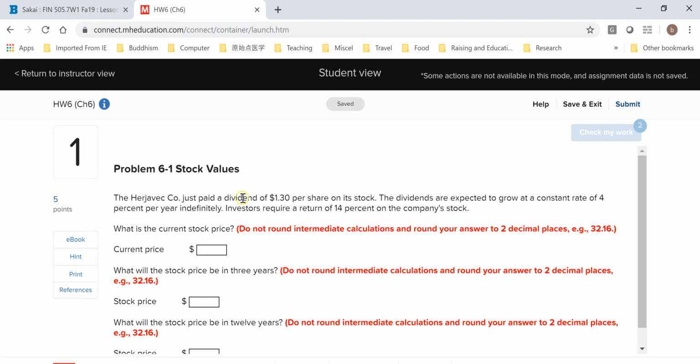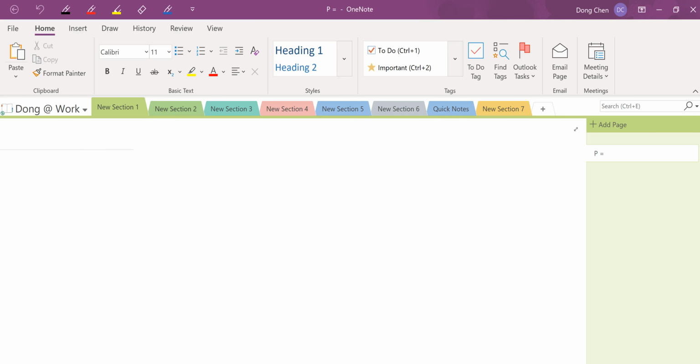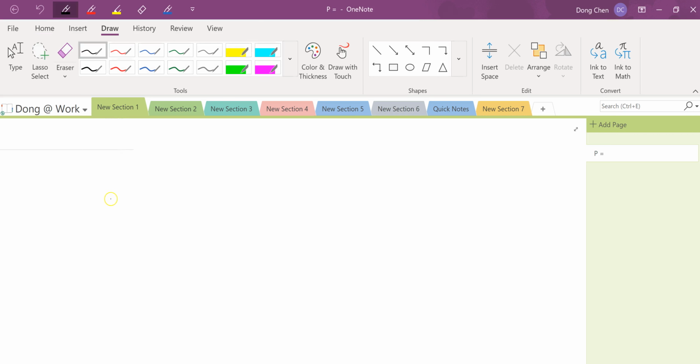Just paid, because the formula, if we recall, the formula to get the fair value of a common stock is P0, that's D1 over R minus the growth rate of dividend.